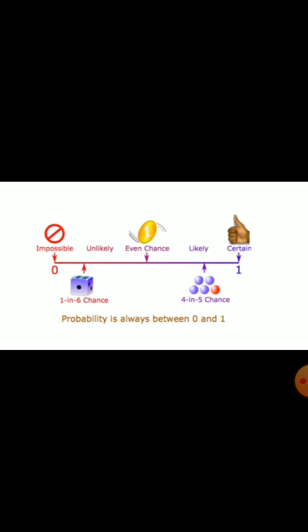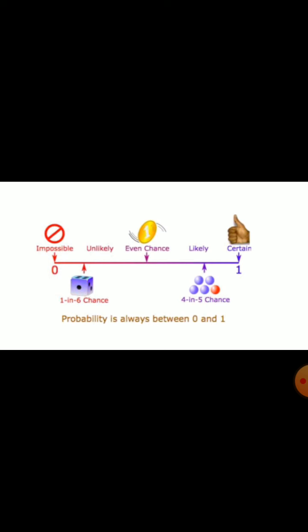Here is the chart. They are showing the chances of a probability. Here are impossible chance, unlikely chance, even chance, likely chance or certain chance.